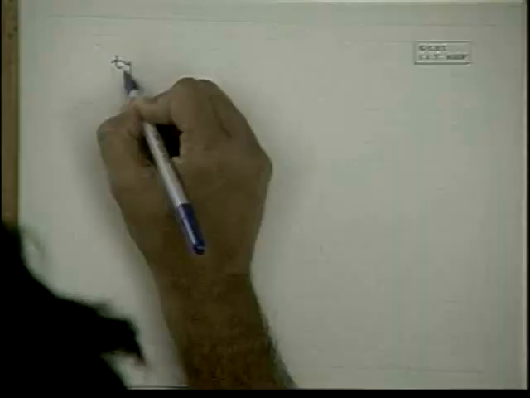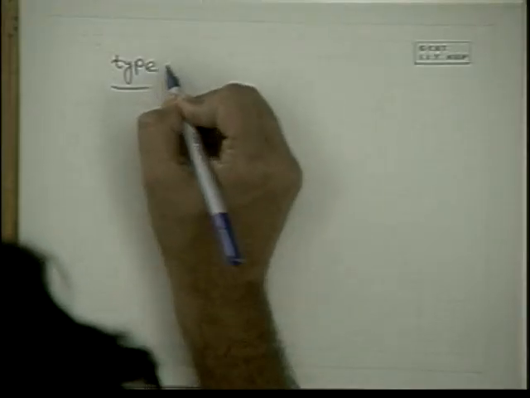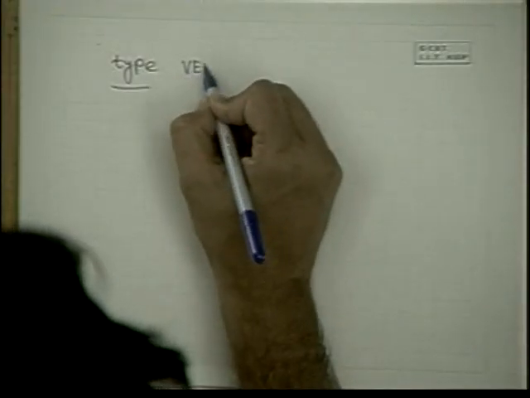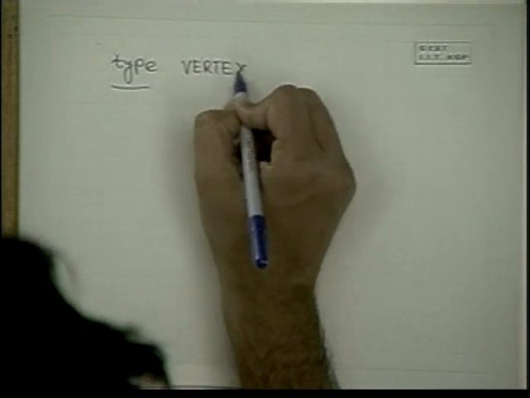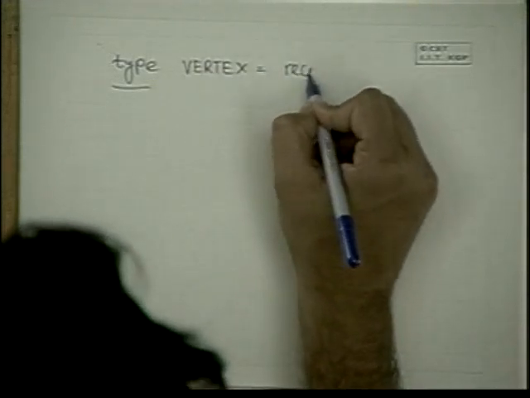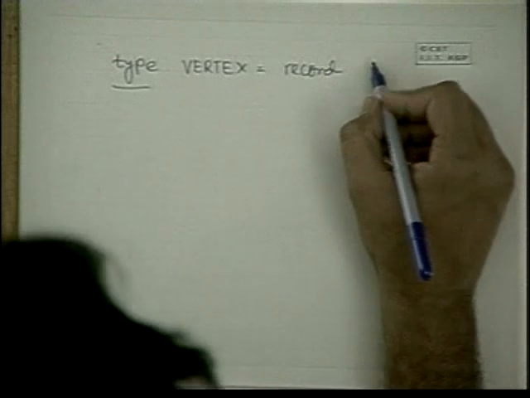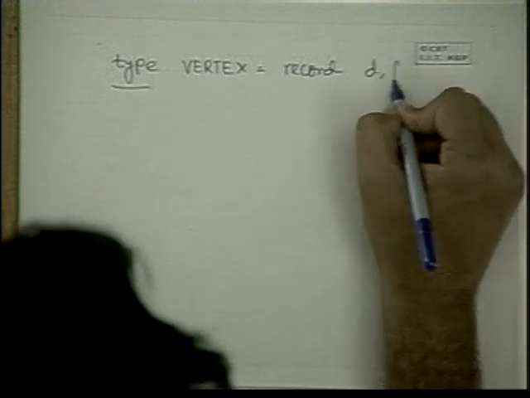So this is our type declaration. What we do in type declaration, we declare the vertex. How do we represent vertex now? It's a record. So in C it will be a structure which will have 2 integers. I'll tell you later where these are used. And pi is an index.